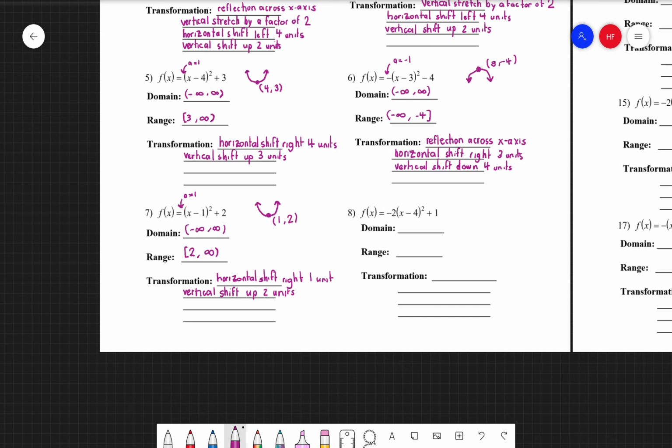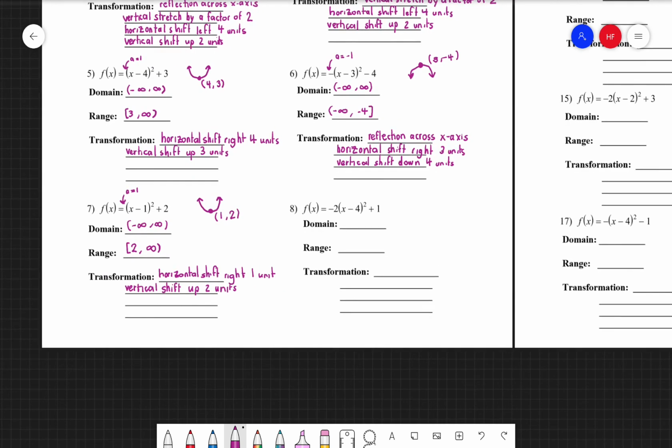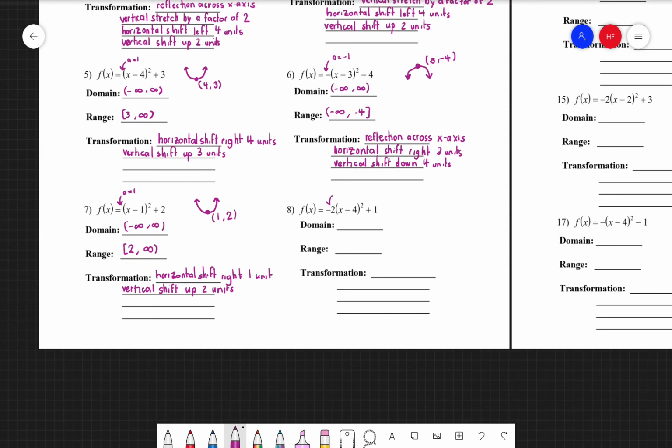Then on number 8, this is my a here in front. We have negative 2 times (x minus 4) squared and then plus 1. So I see 4 things that are different from the parent function. The first one is the negative, the second one is the 2, the third one is the minus 4, and the fourth one is the plus 1.